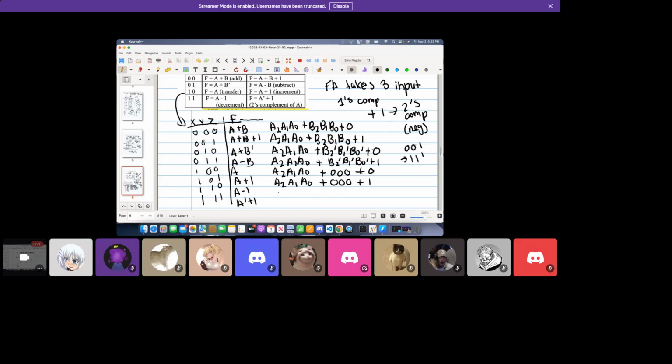So instead of, here, let me just do this. The first part, instead of minus 1, we're going to add the 2's complement, which is 1, 1, 1 plus 0. So we still keep that relationship with the Z. Okay, now we have A prime. So A2 prime, A1 prime, A0 prime plus 1 plus 0, 0, 0 plus 1.